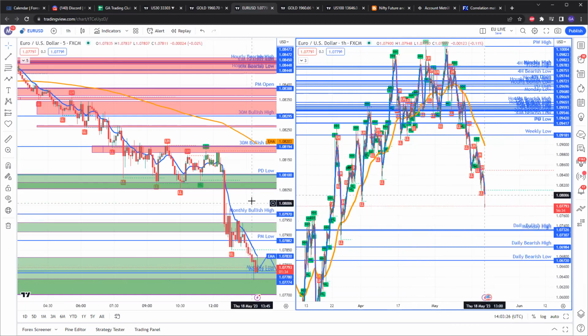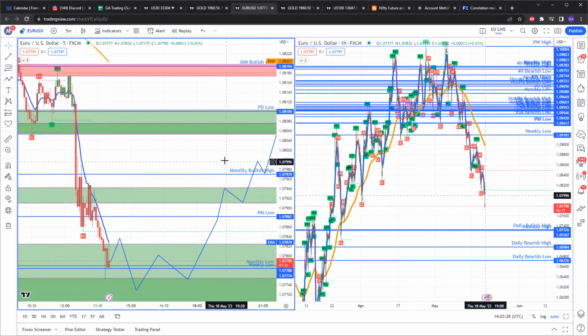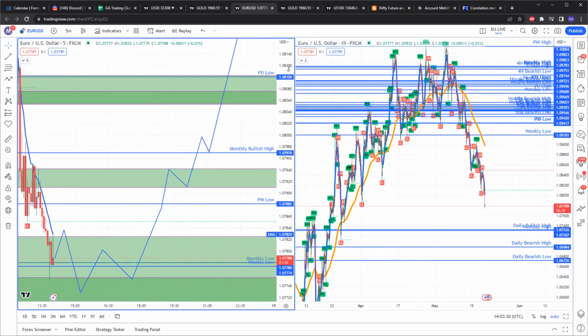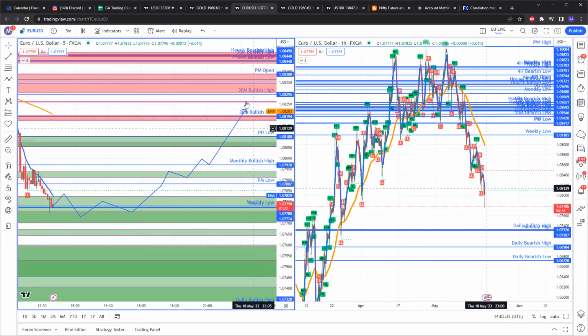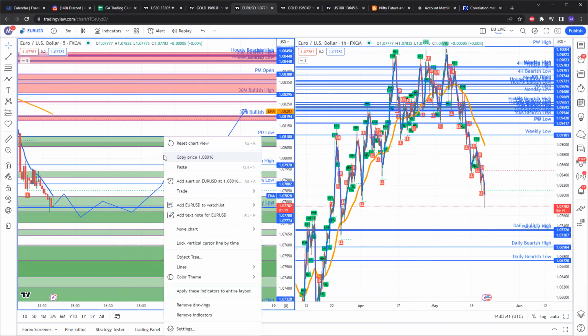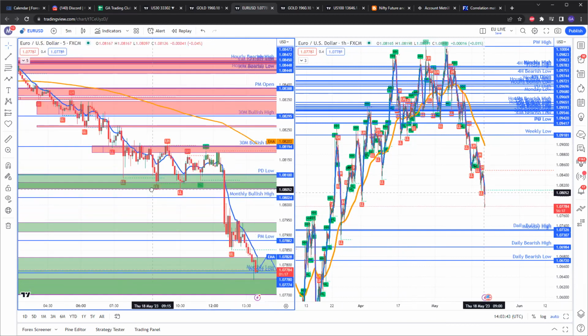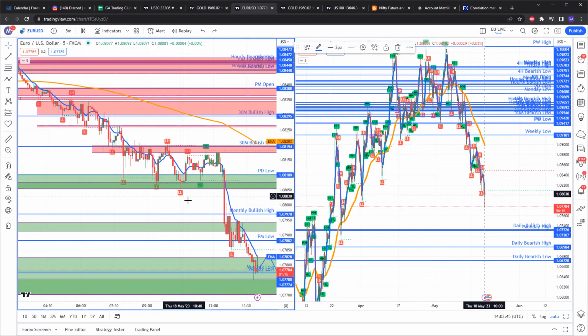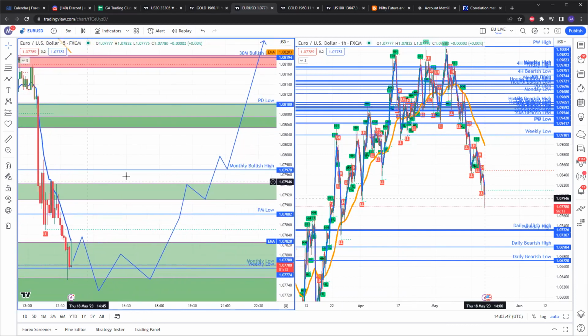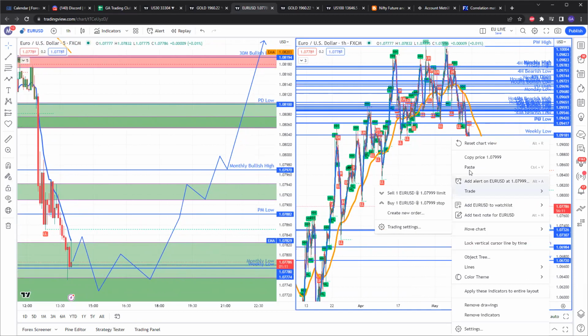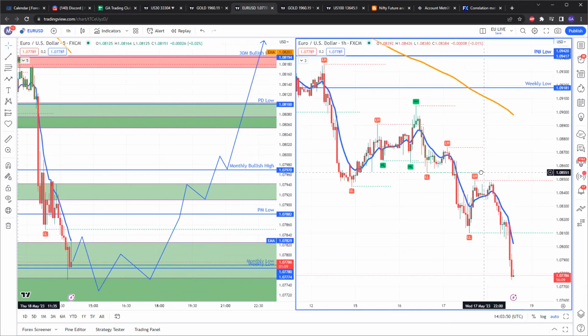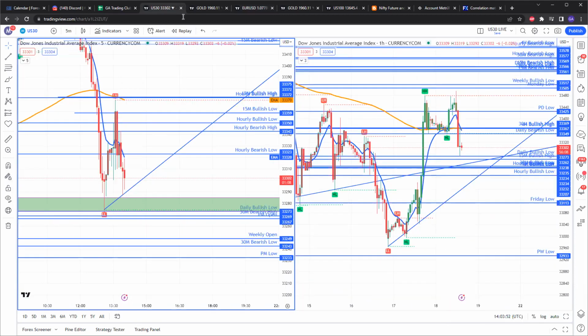So this monthly bullish high can be an area for EU to pick up liquidity and possibly go to the hourly bearish high that's around the 1.085 zone, and maybe retest and melt to the downside. So this monthly bullish high is an area that I will be looking at for a buy on EU. But right now there's really no entry for EU.